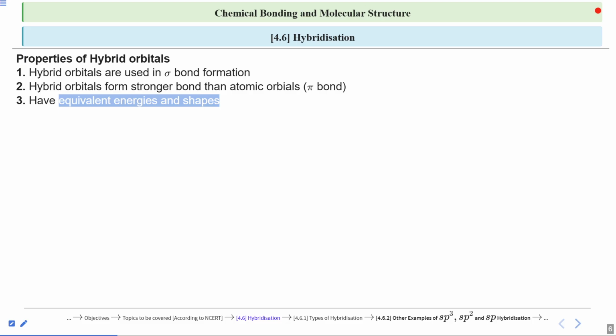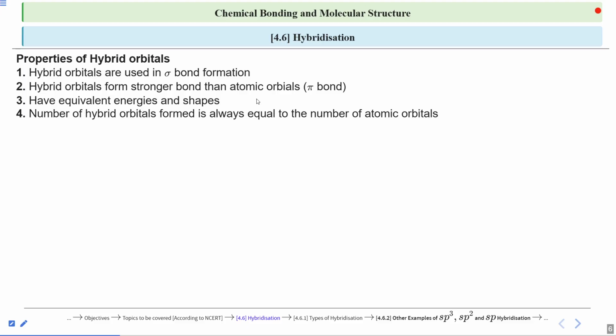Now, do not confuse it with other statements like the hybrid orbitals of two atoms can be the same in energy and shape. That would be a wrong thing to consider. Always remember, in a given atom, in one atom, the hybrid orbitals which are formed will always be of the same energy. Is it clear?